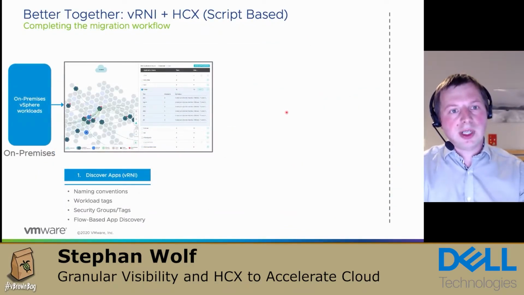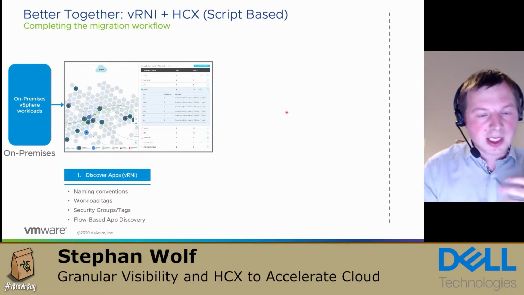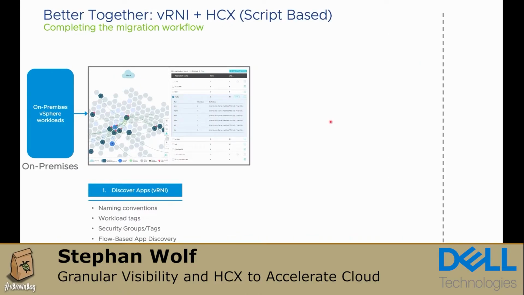So we have VRNI on one side. VRNI discovers the communication relationships between the VMs. When we have discovered that, we can group these VMs together and say, hey, this is application 1. These VMs belong to this app. We have the web layer, the application layer, and the database layer in it.